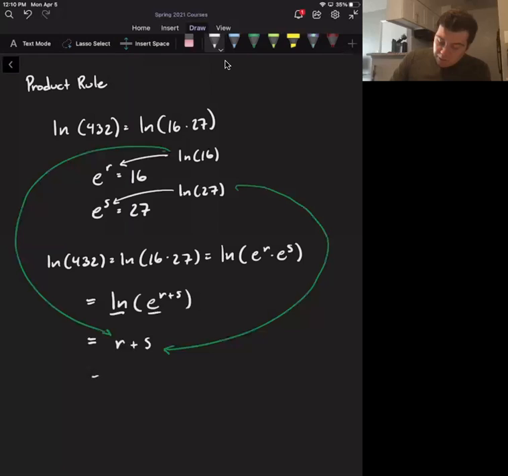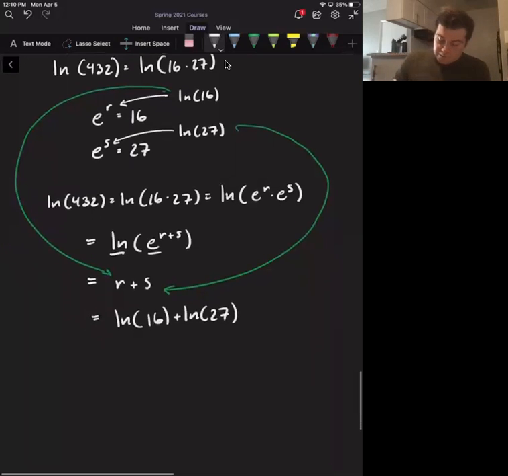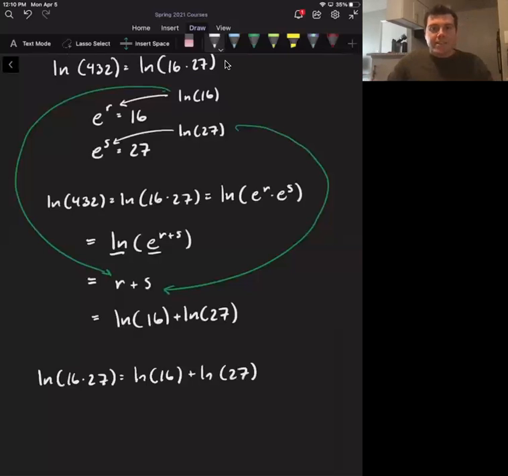So we can rewrite this as ln of 16 plus ln of 27. So what we've done is taken our logarithm and broken it down into a sum of two logarithms. So we have ln of 16 times 27 equals ln of 16 plus ln of 27. So we get this split.